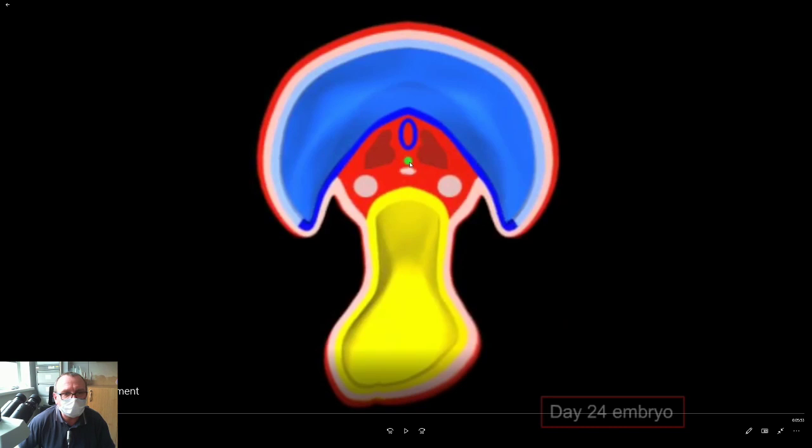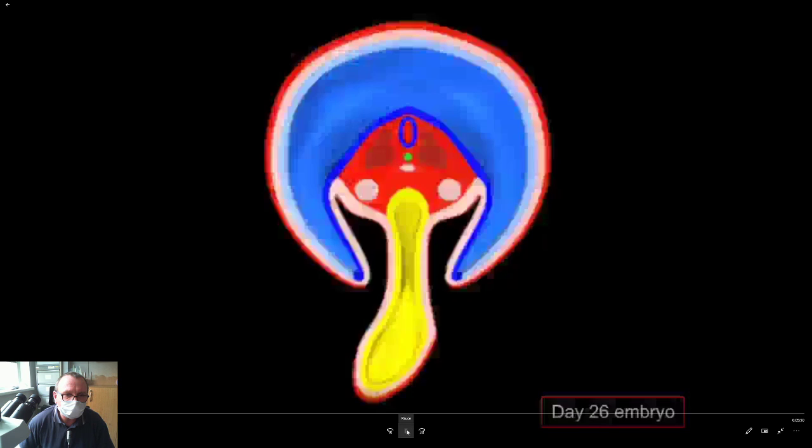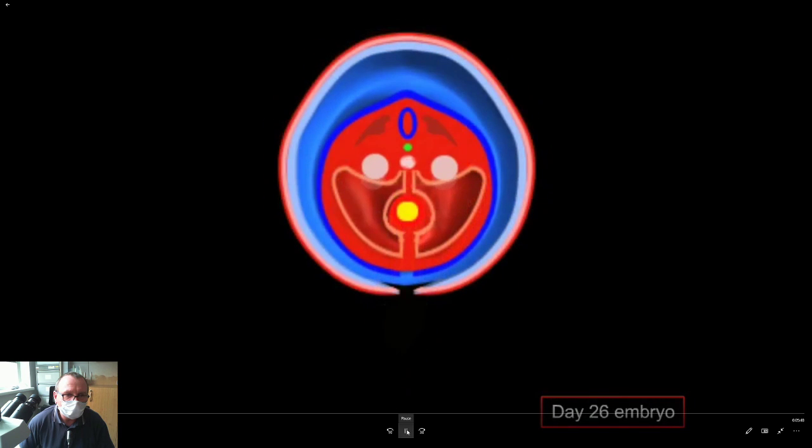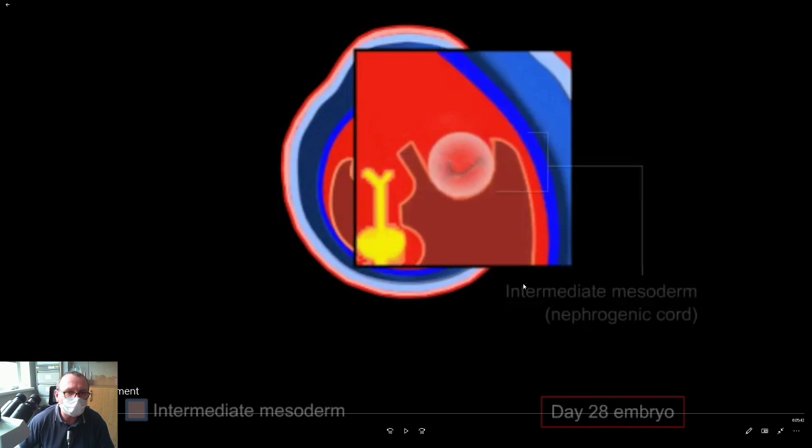The chorda is losing its lumen, and our intermediate mesoderm, these two light pink circles, is changing as well.